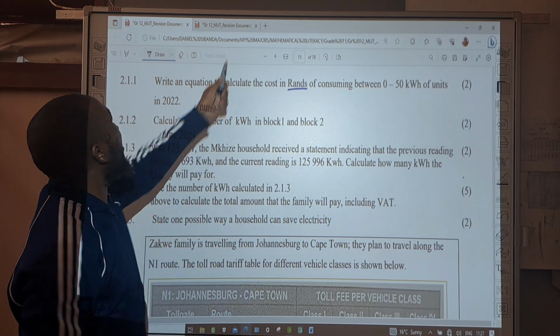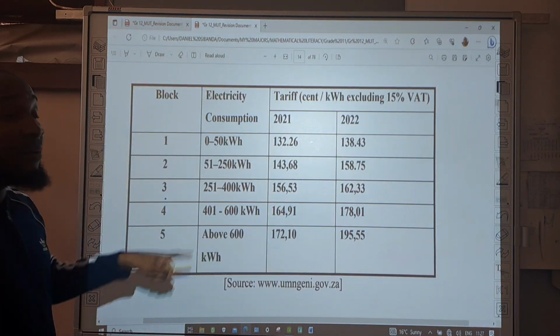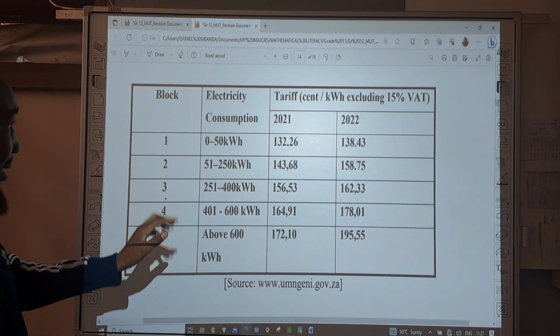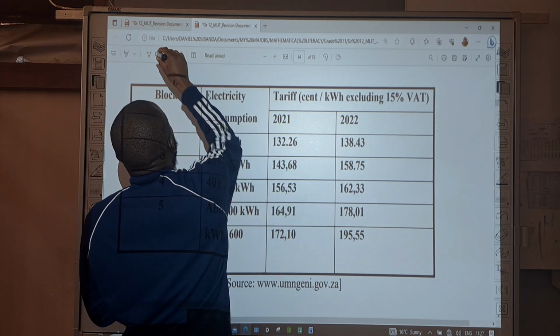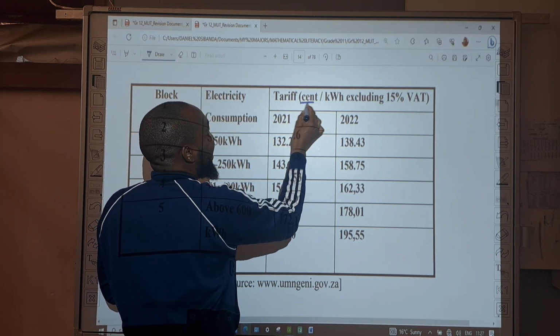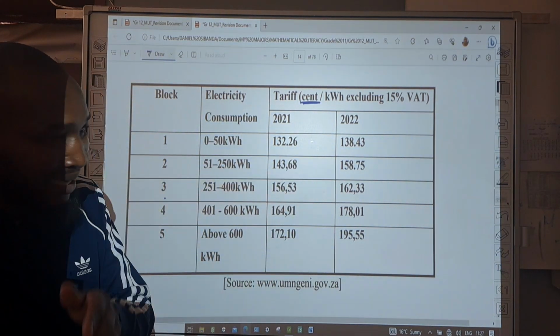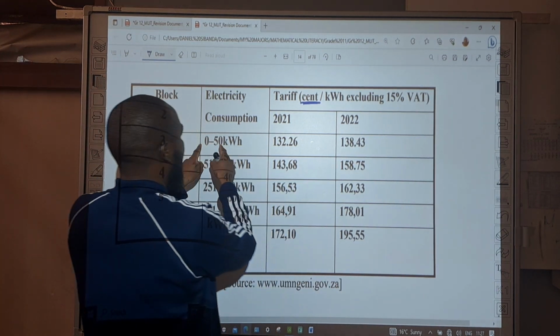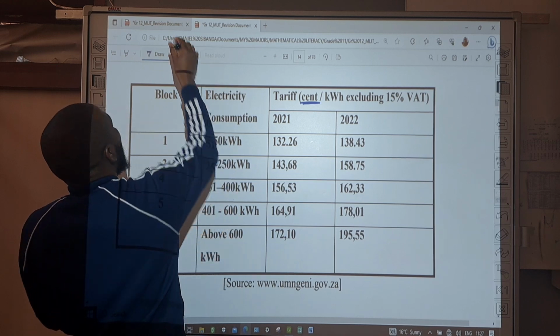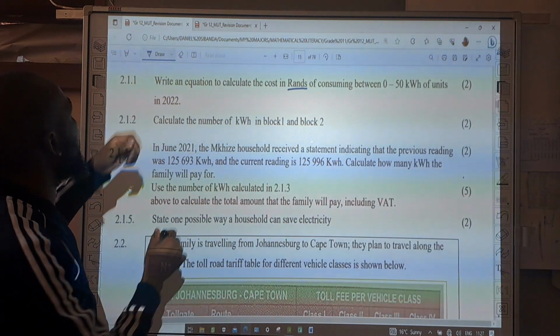So now we need to get back to our table. Remember, the question wants the answer in rands, but these are given in cents. Please note that these are given in cents. So for you to convert cents to rands, we need to divide by 100. So 0 to 50 kilowatt hour, let me check the year, it was 2022.